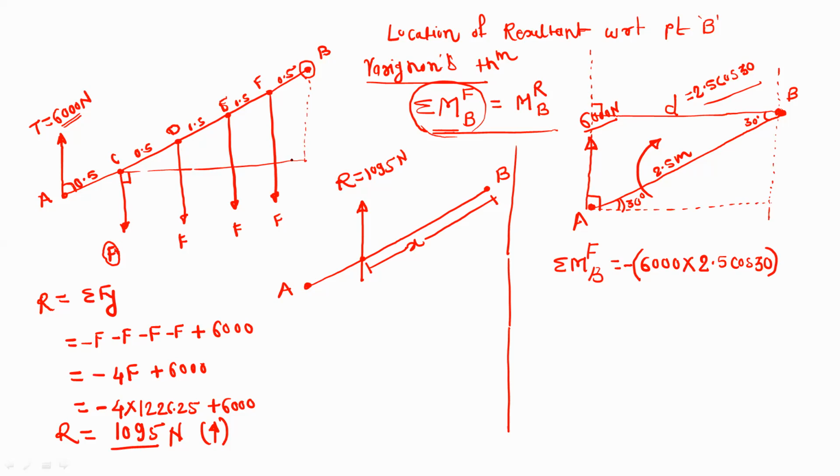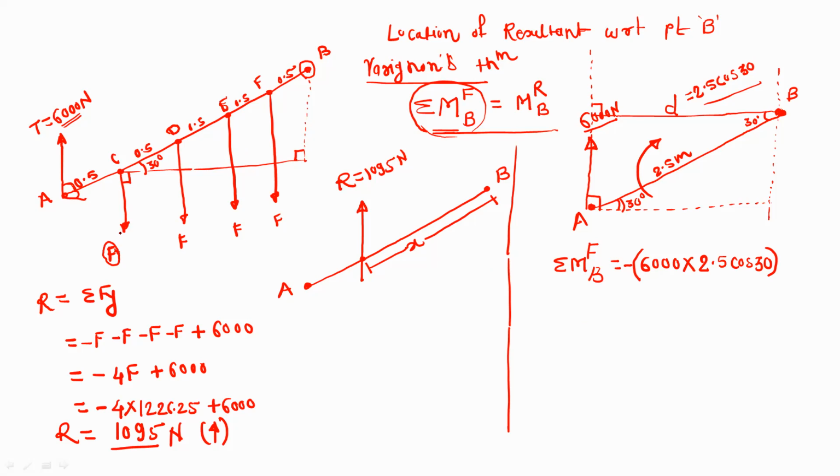How to find out this distance? Again, use trigonometry. Consider this right angle triangle. In this triangle, this angle will be 90 degree, this diagonal is equal to 2 meter, and this angle is the same, 30 degree. So this distance will be 2 cos 30.